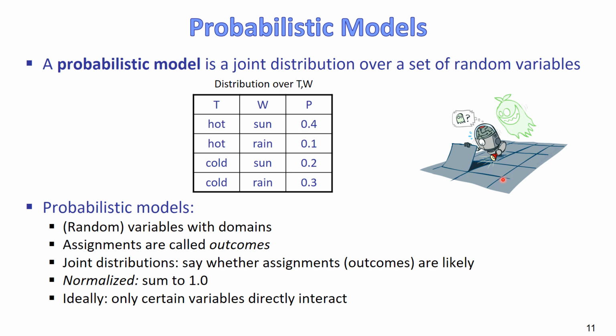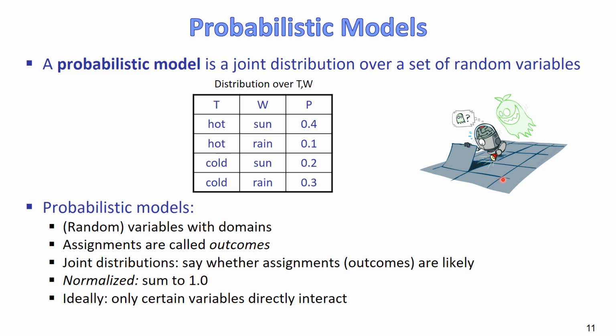In fact, it models the probabilities of the interaction between these variables. That's why we call it a probabilistic model. Okay, so again, it is just the joint distribution table. Just the joint distribution table is also called a probabilistic model.